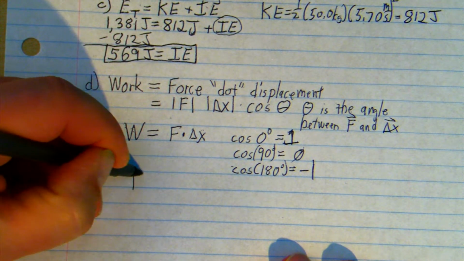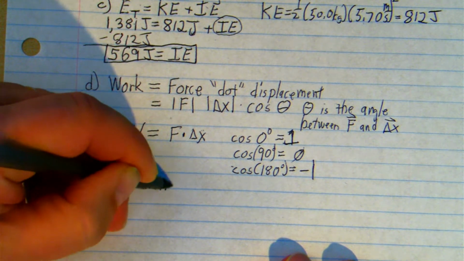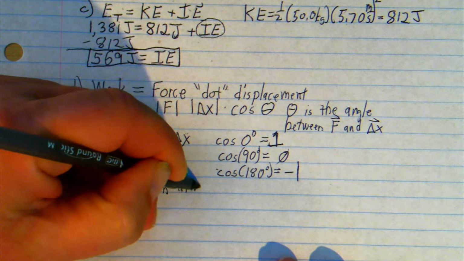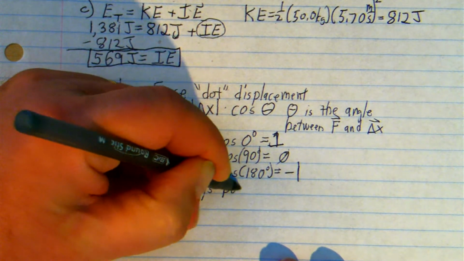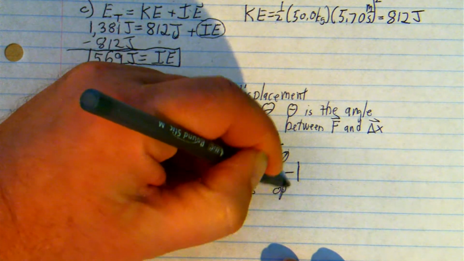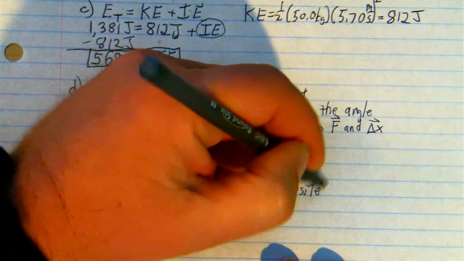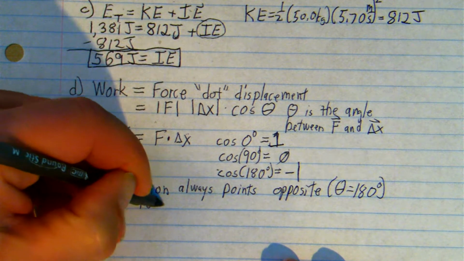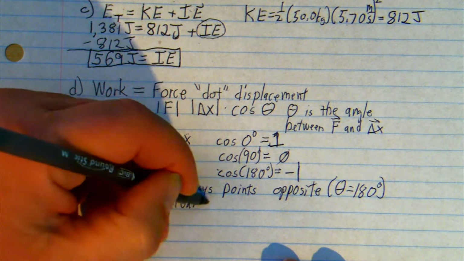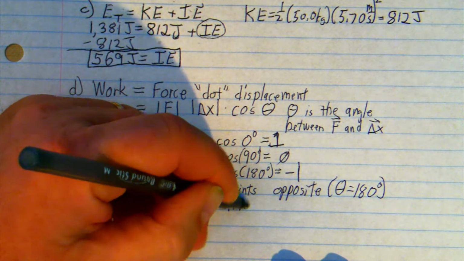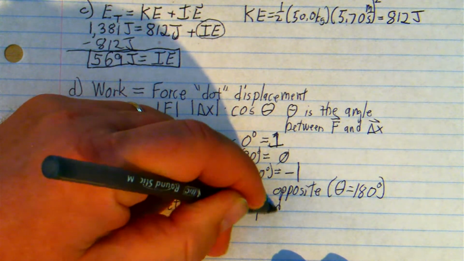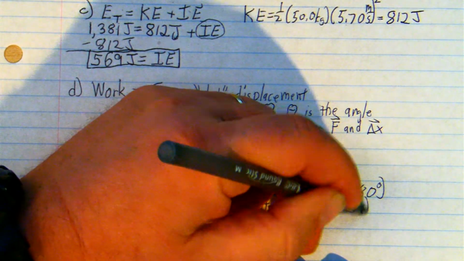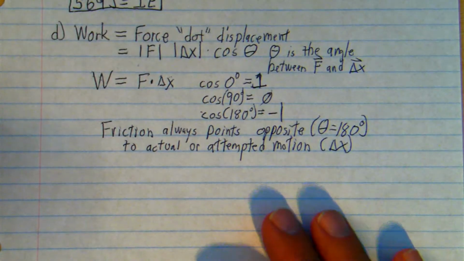The definition of friction is friction always points opposite, and that means theta equals 180 degrees, to actual or attempted motion, and that means the direction of delta x.